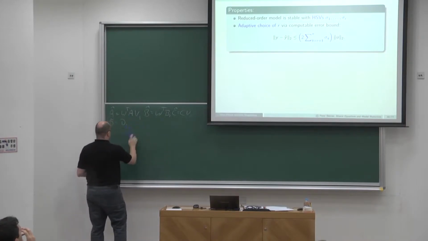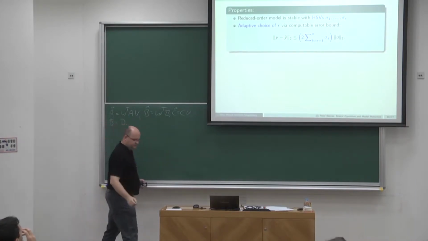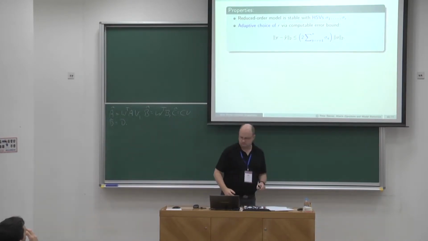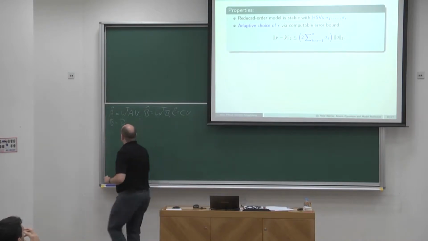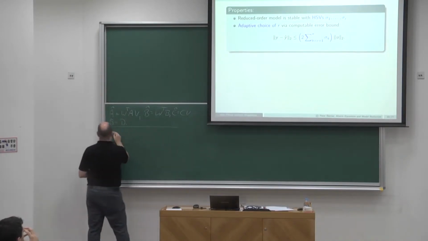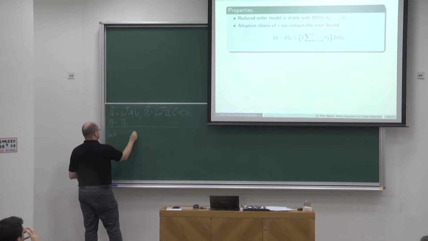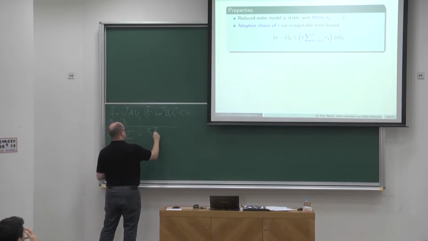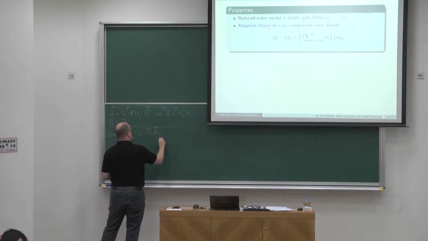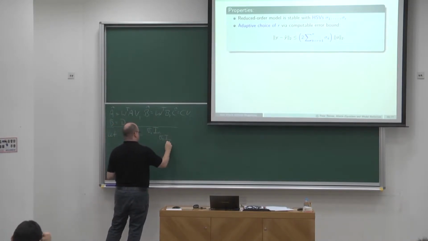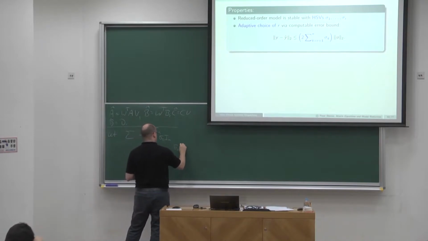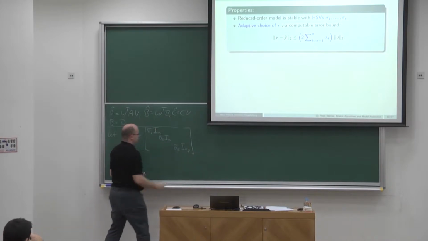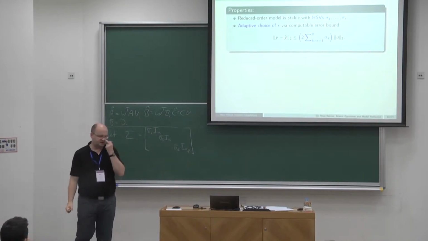And I give you just a sketch of the proof. So assume that is our Gramian in balanced coordinates.